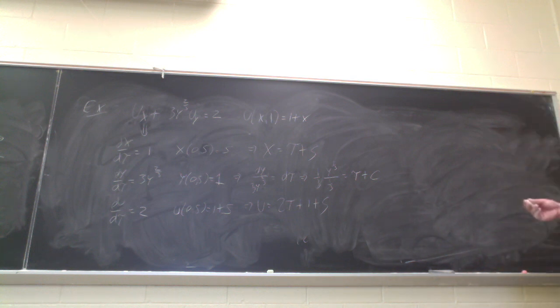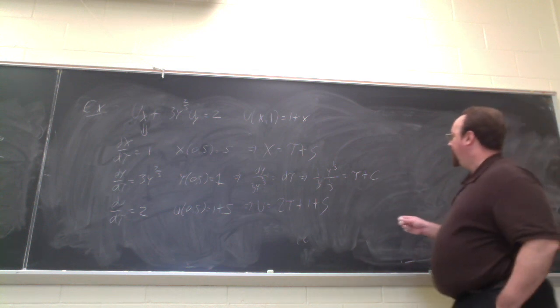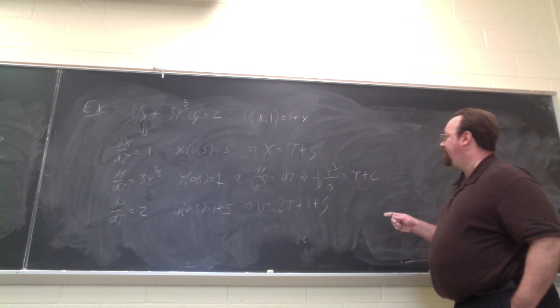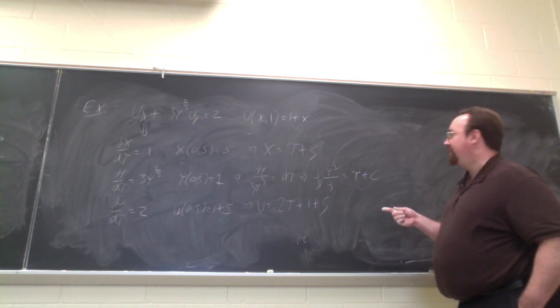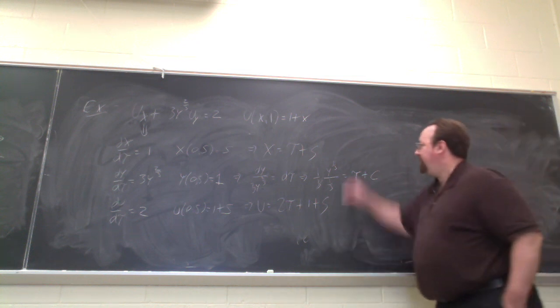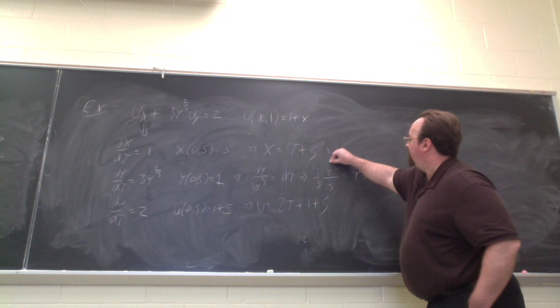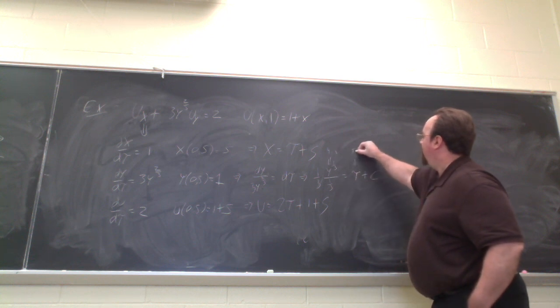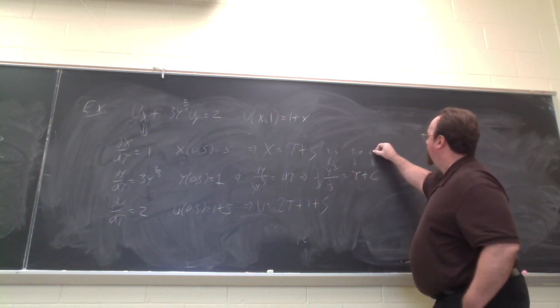So now I'm going to substitute tau equals 0 and make sure I get 1. So if I plug in tau equals 0 and y has to be 1, what should my c be? Yeah. So y equals 1, tau equals 0, therefore c equals 1.